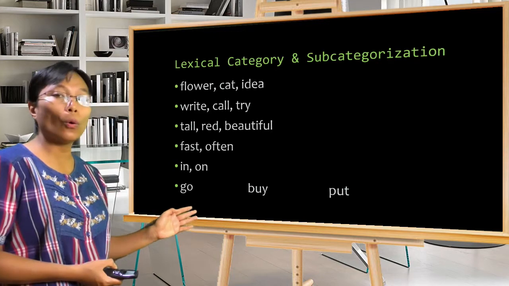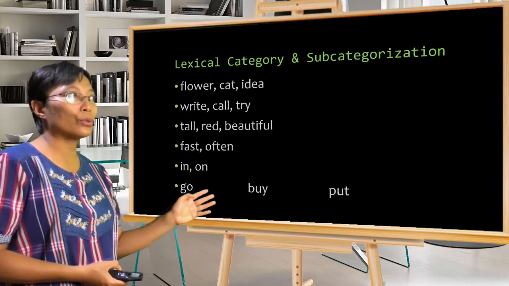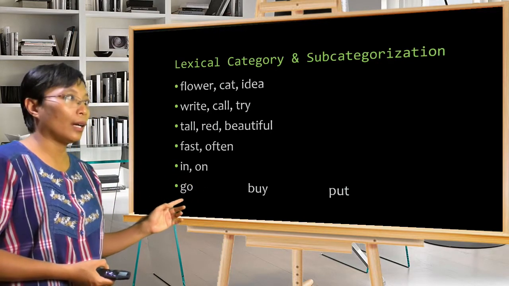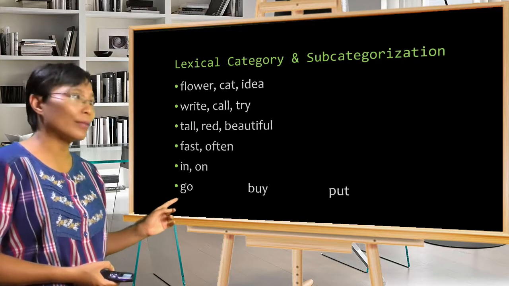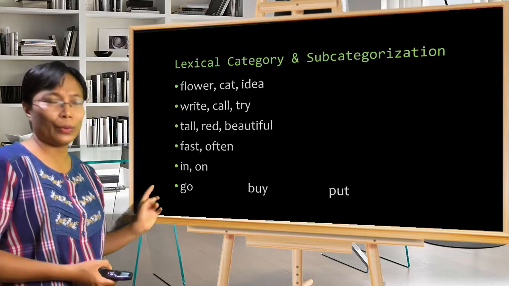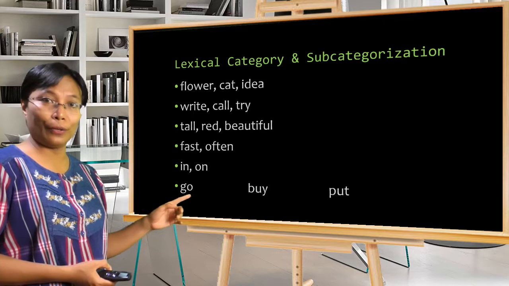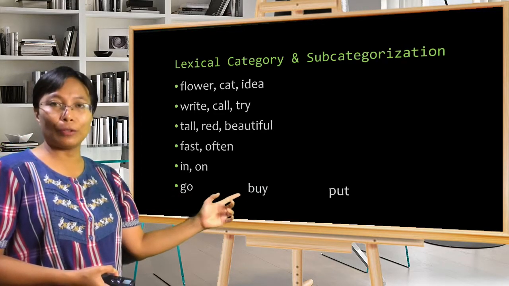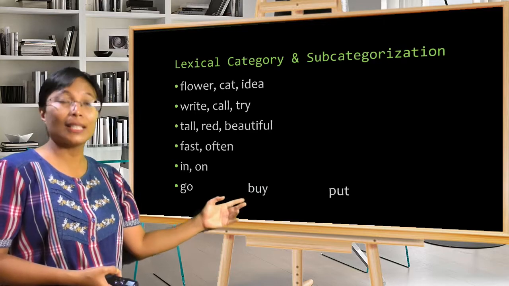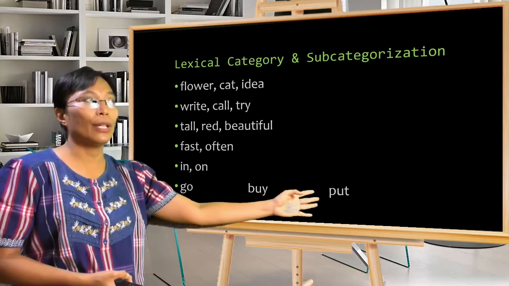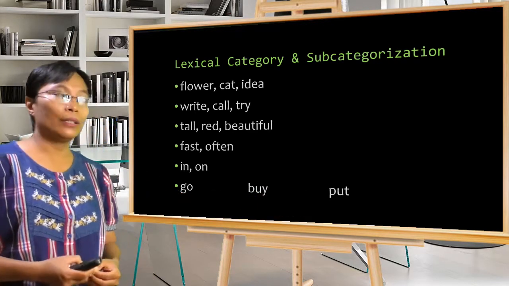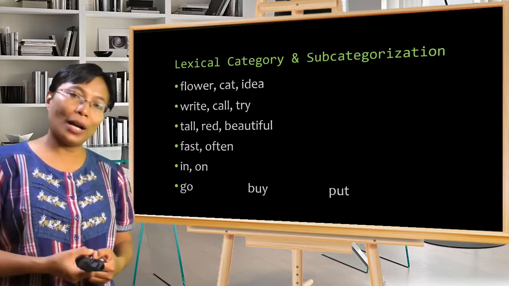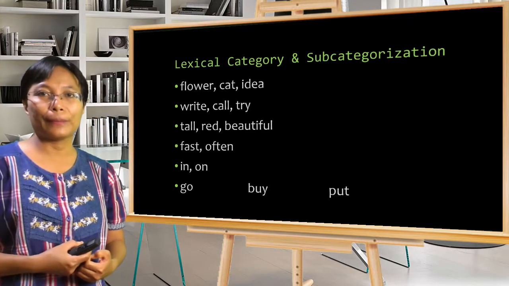So go home, go to school. So I think one noun phrase that will follow go is just home, and others will be in the form of prepositional phrase. What about buy? Can it be followed by a noun phrase? Yes. What about put? How many elements do we need to come after the verb put?